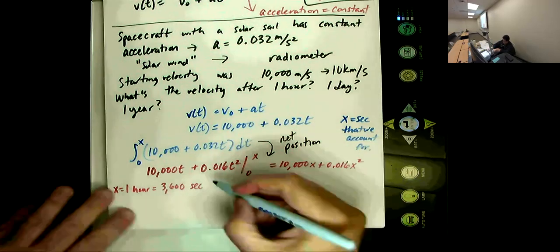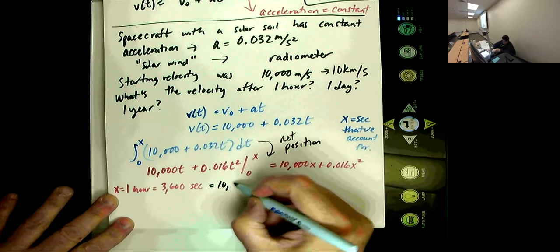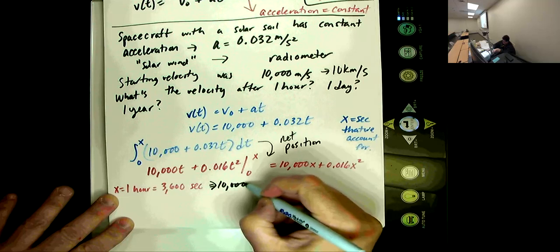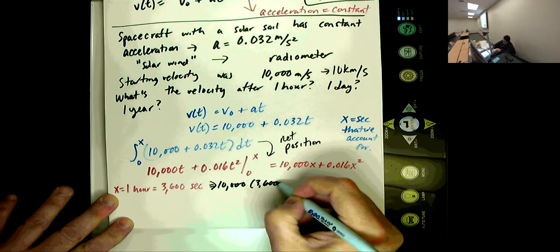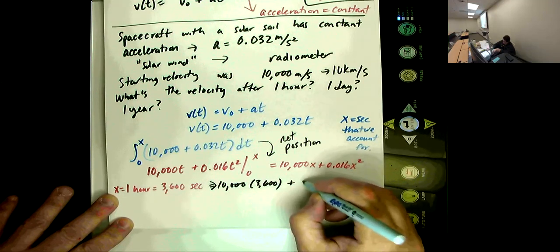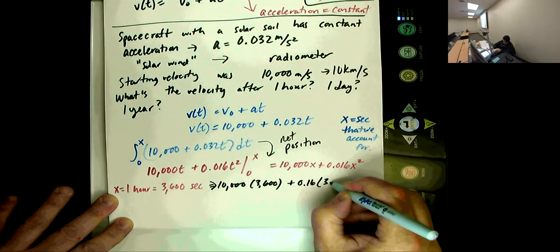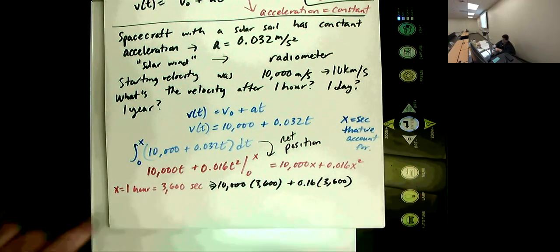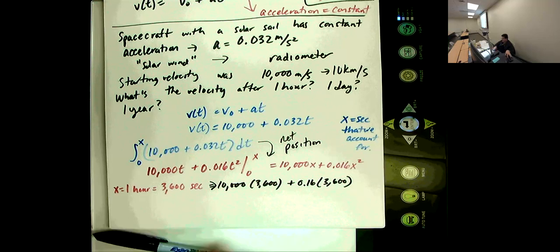What do we have here? 10,000 times 3,600 plus 0.016 times 3,600 squared.